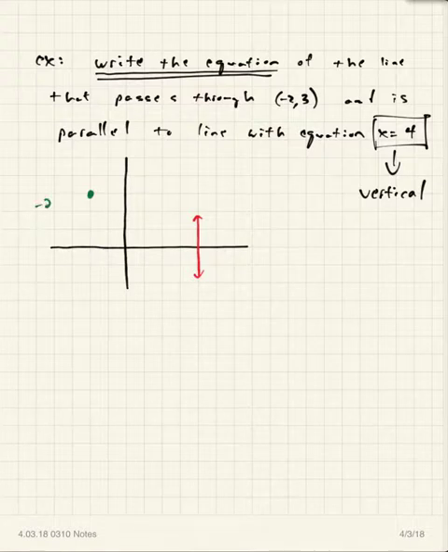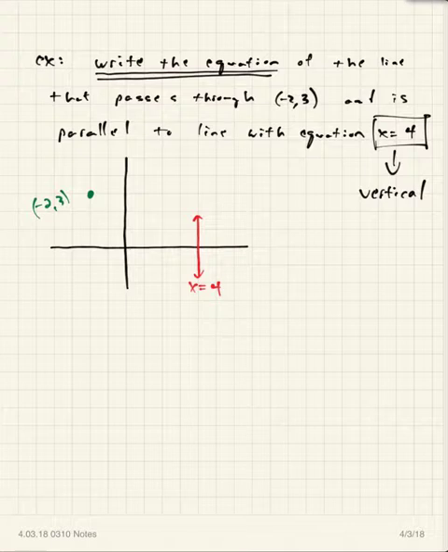There's (-2, 3). And what do we have? We have a line that goes through that point, but that line is also parallel to our line x equals 4. All right, here's x equals 4 right here. So what kind of a line goes through (-2, 3), but is parallel to x equals 4? What would it have to look like?